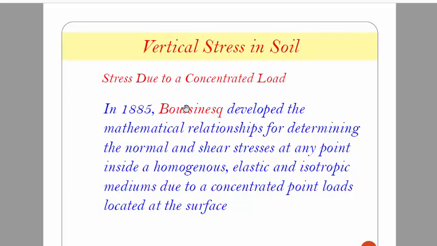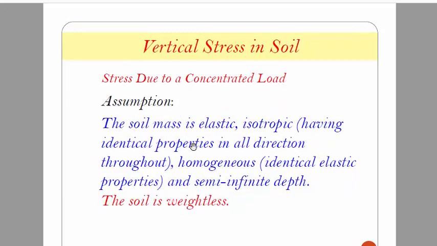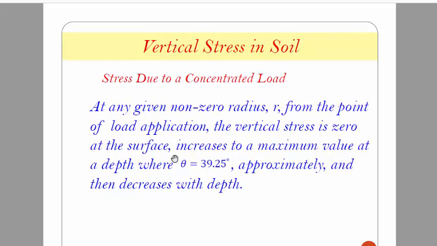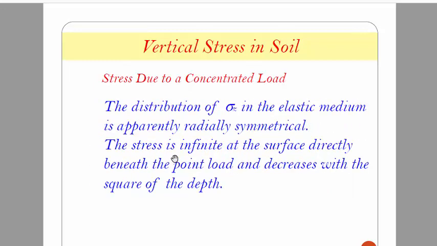Okay students, so the soil mass is elastic, isotropic, having identical properties in all directions, throughout homogeneous, and the soil is weightless. One more thing: the stress is infinite at the surface directly beneath the point load and decreases in all directions.